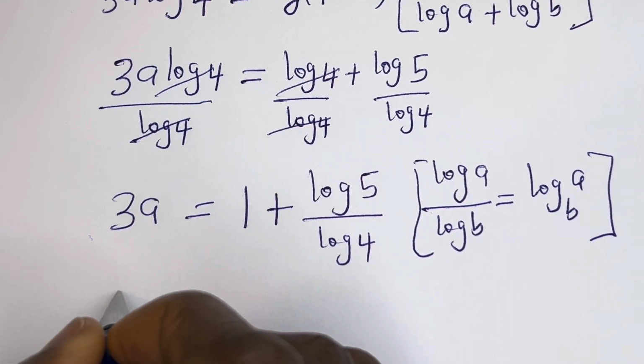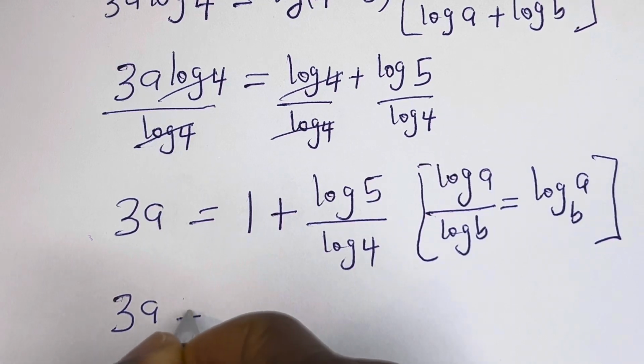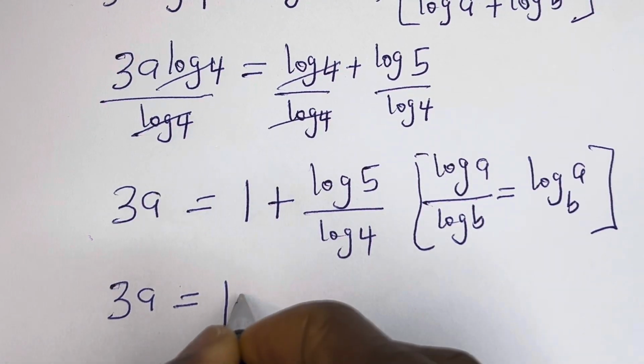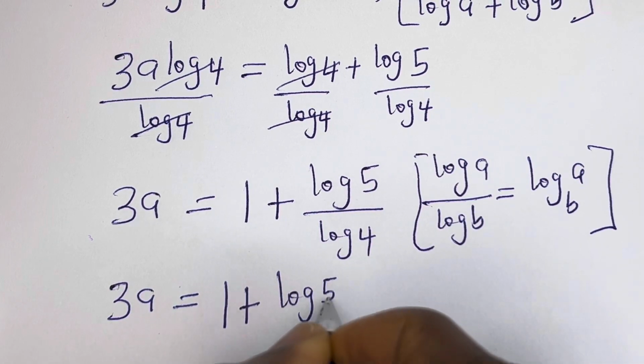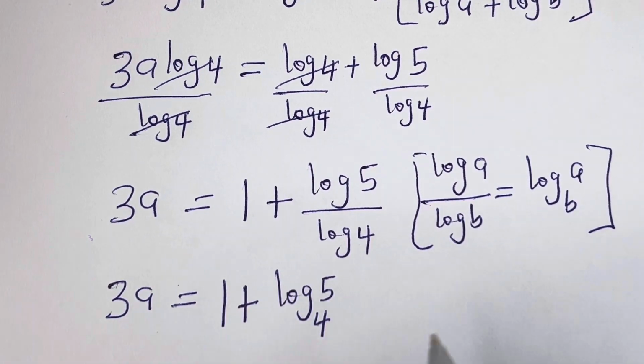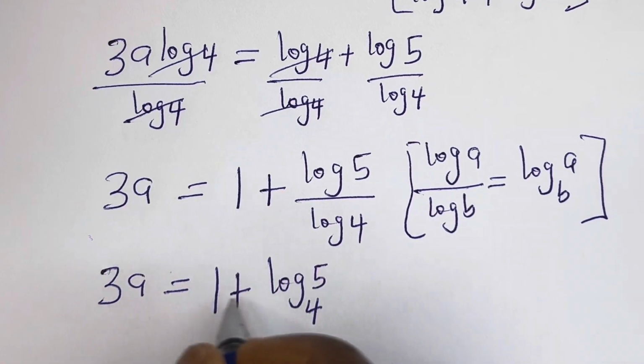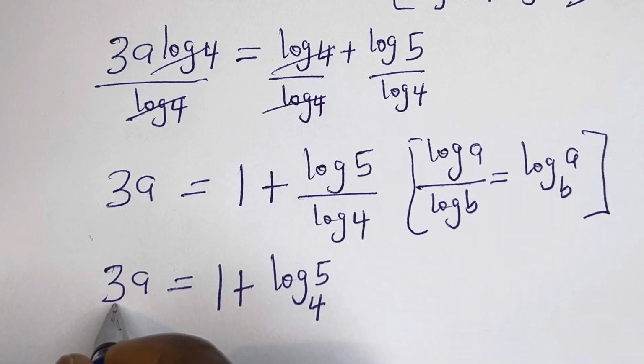Then we have 3a is equal to 1 plus log 5 base 4.